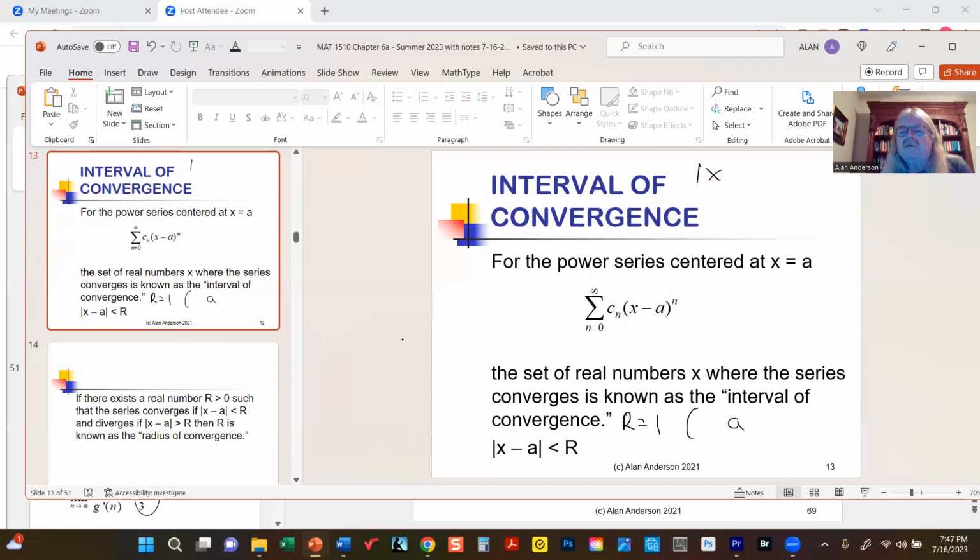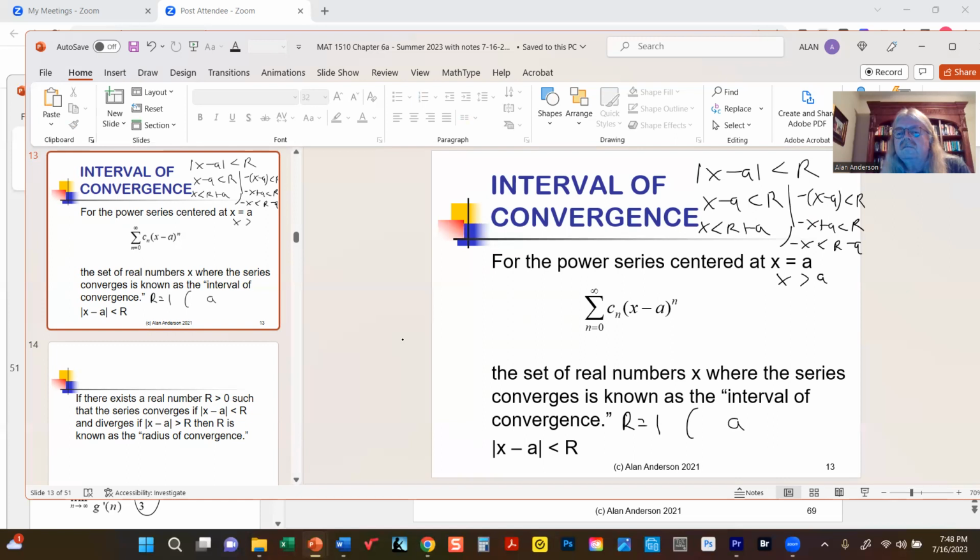You can rewrite this in two different ways. Right. Okay. So that's your interval of convergence.